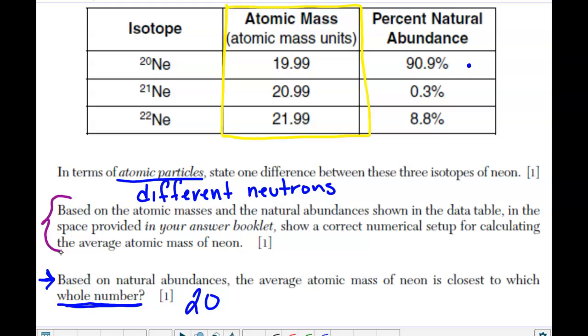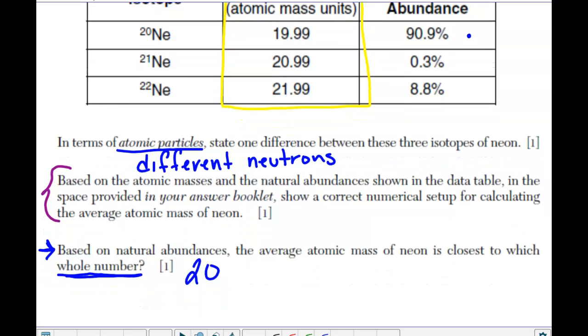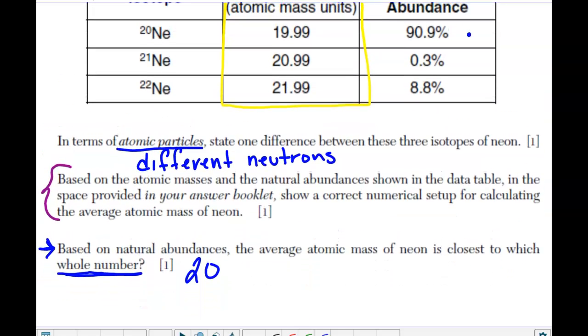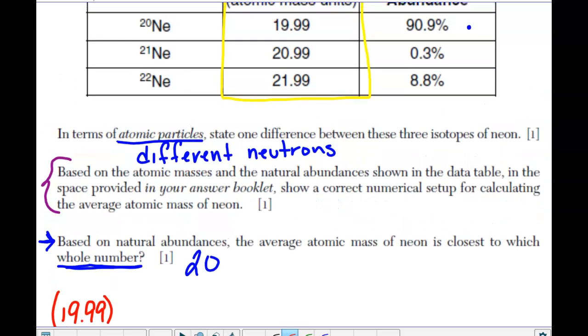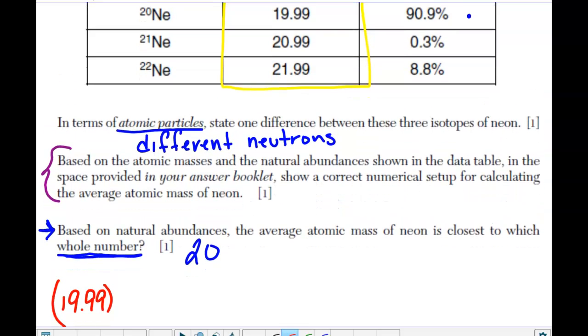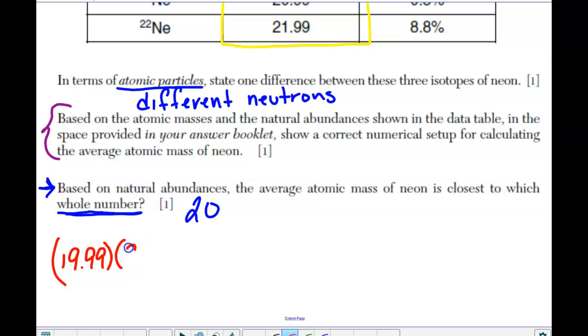Based on the atomic mass and the naturally occurring abundances, show the setup. So we're going to have our first isotope, and we're going to have a mass of 19.99. We're going to multiply that times the relative abundance. And then we're going to add them all together.